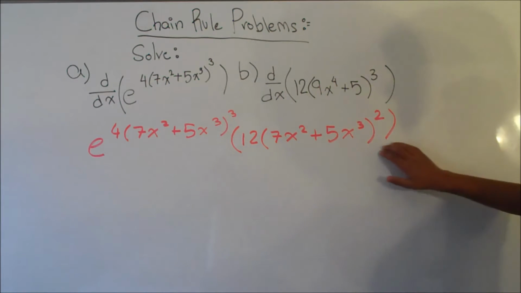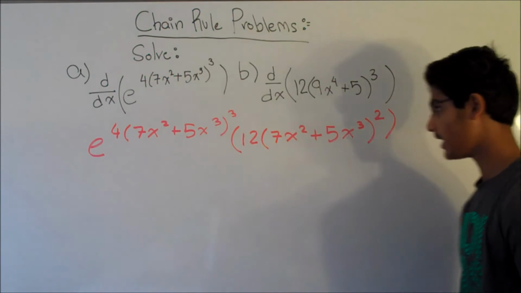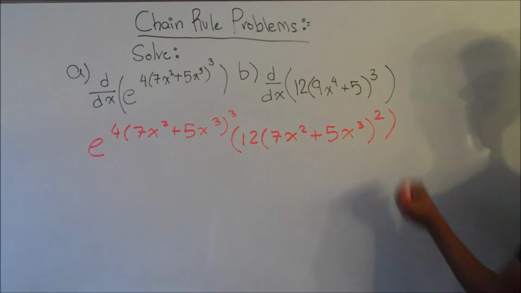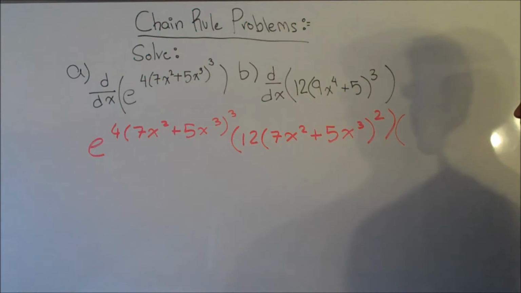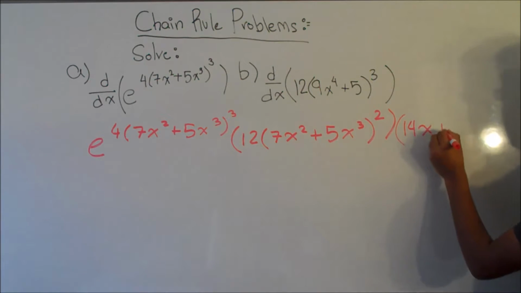Now we have to multiply this by the derivative of the next function, which is 7x squared plus 5x cubed. The derivative of 7x squared plus 5x cubed we know would be 14x plus 15x squared.